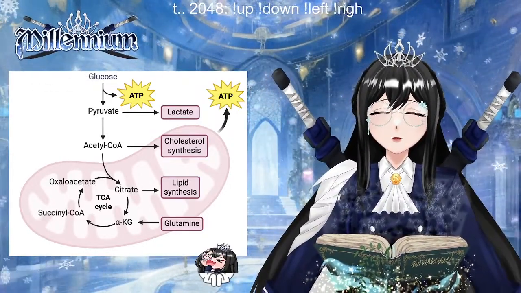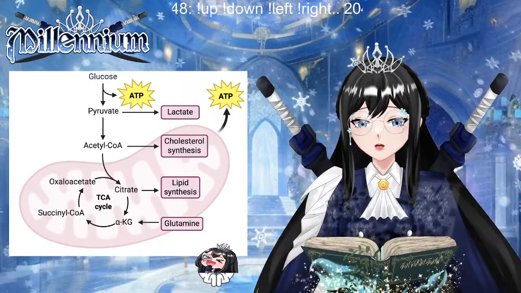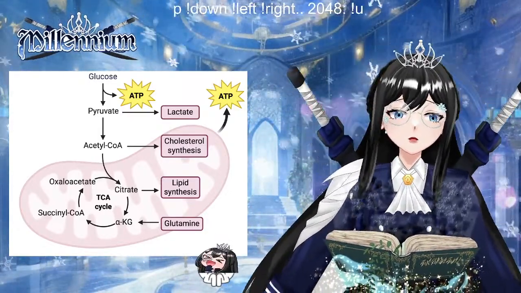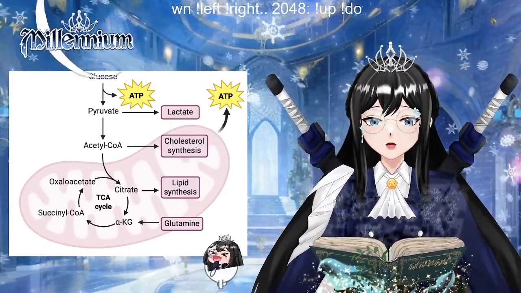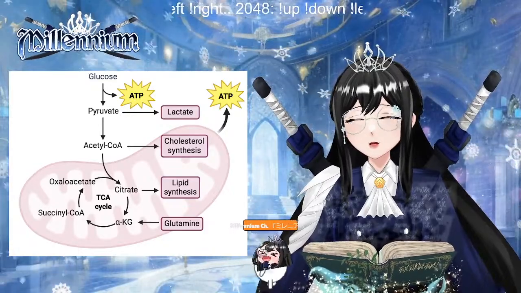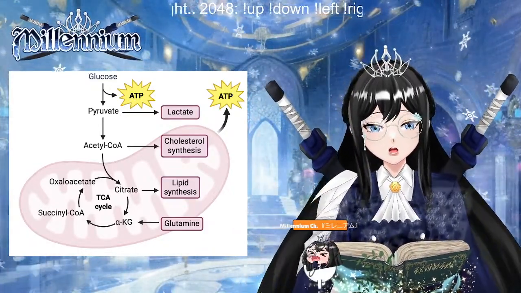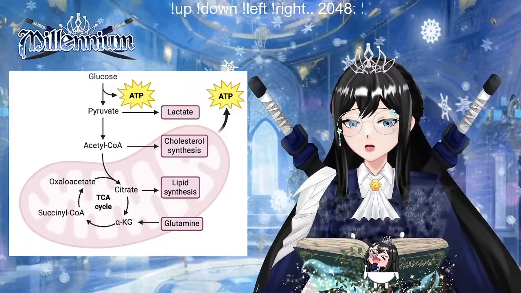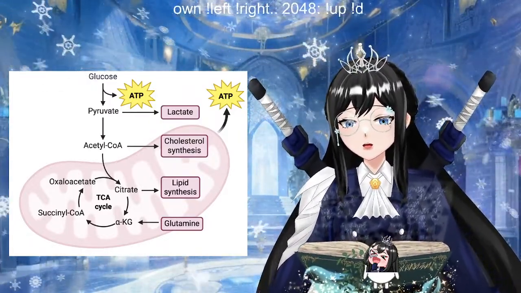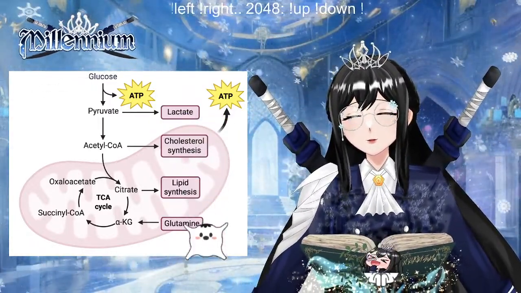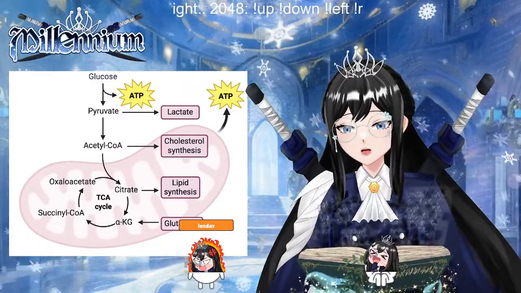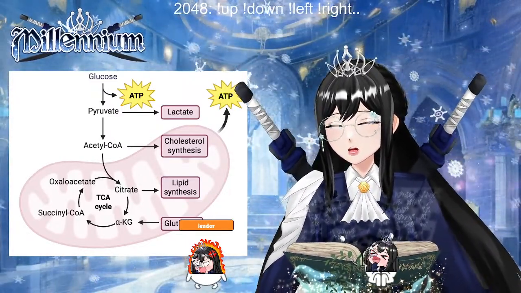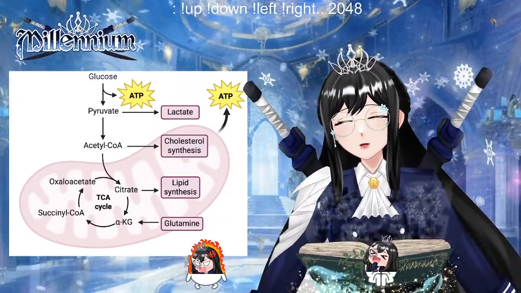During this process, a little bit of ATP is generated. NAD plus is the oxidizing agent. It's now reduced to NADH. And this reduced form, NADH, carries electrons to the later stages.